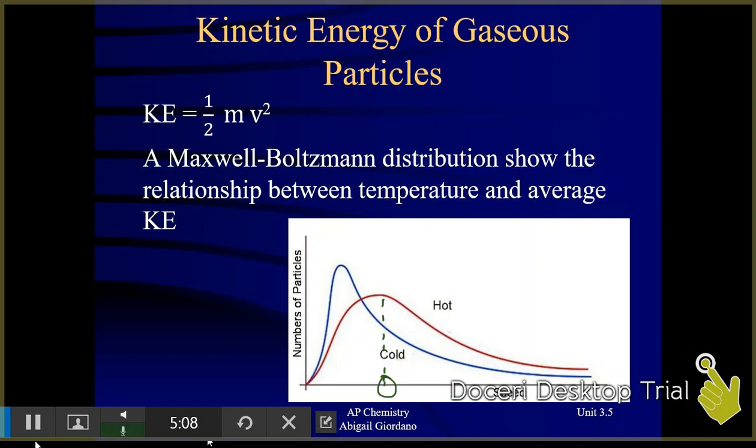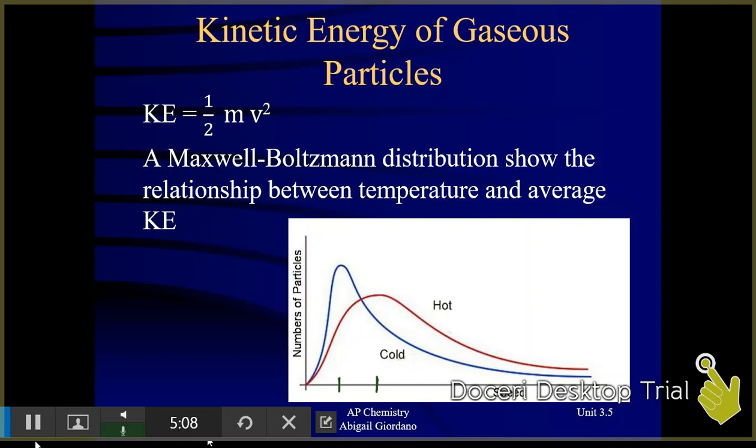It's still a distribution. We're still going to have some gases in this area that are moving more slowly. We're still going to have gases that are moving more quickly, but where the greatest percentage of gases is falling, if here's where the cold falls, and here's the greatest percentage where the hot gas falls, it's at a higher speed.